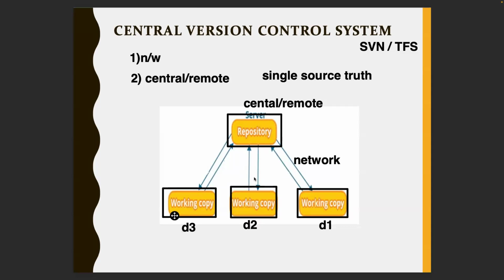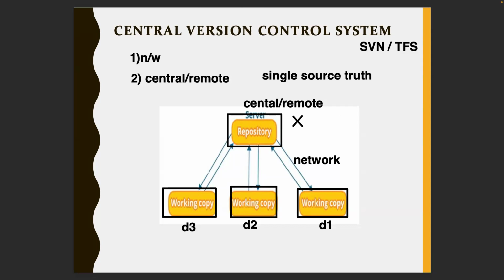And one more is that the chance of recovering files is less. This is the main disadvantage, because it's just one single source of truth. Whatever changes are made will be kept here. If this is gone, if this crashed, there is very little chance of recovery.